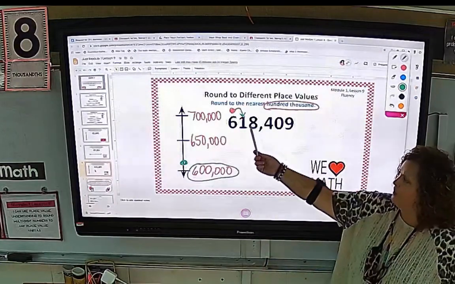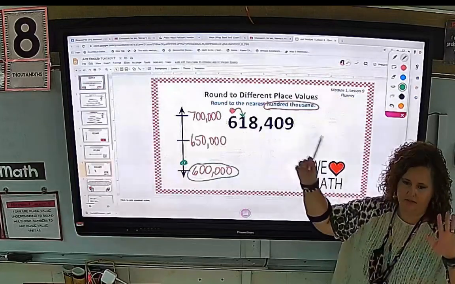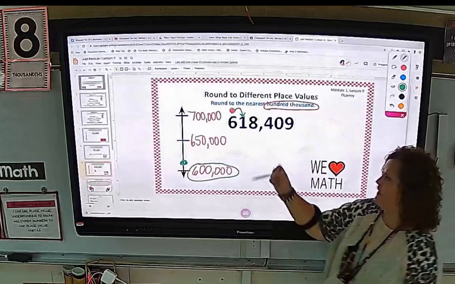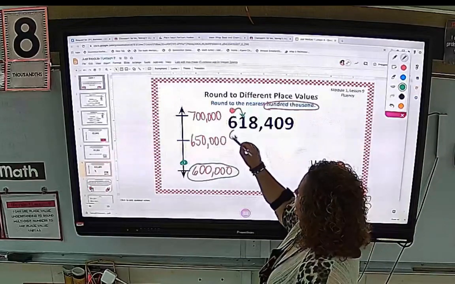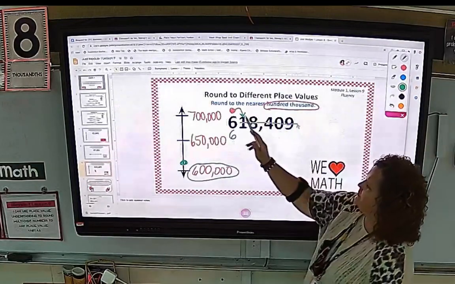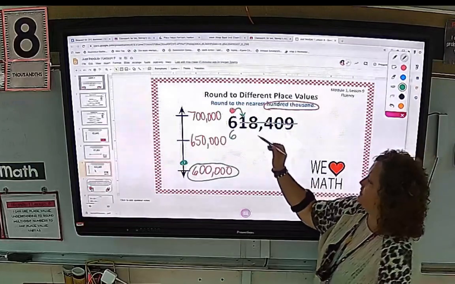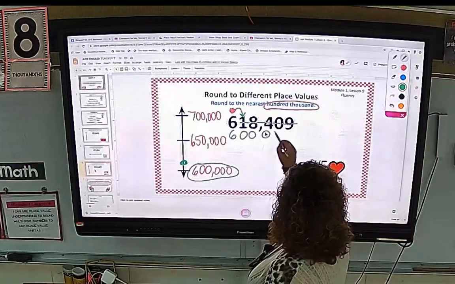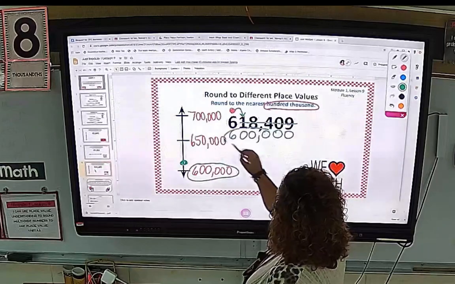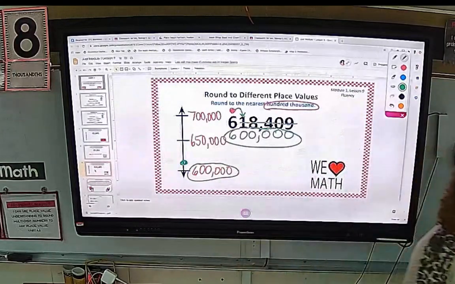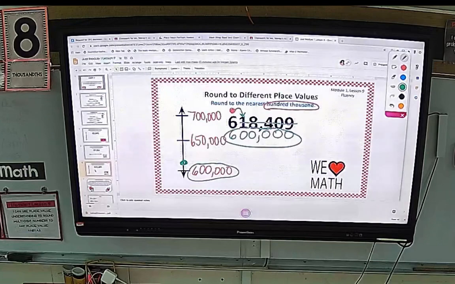No. If it's 4 or less, keep it the same. So the 6 stays the same, and all the rest of the digits from the arrow over become zeros. 1, 2, 3, 4, 5 zeros. 600,000. Okay, 600,000.